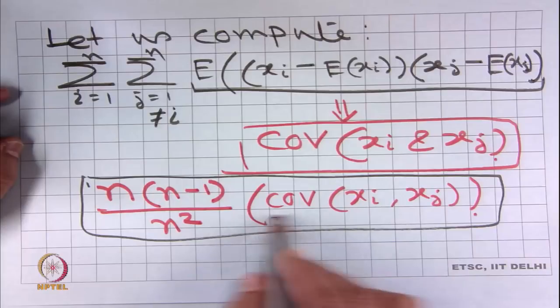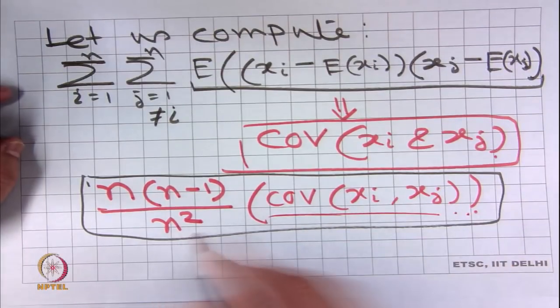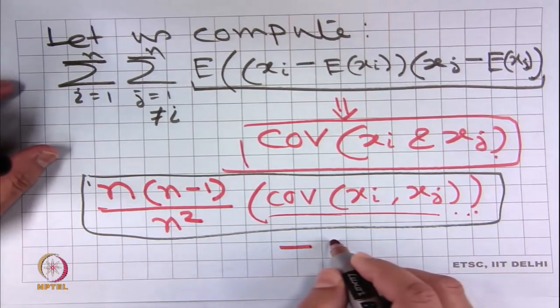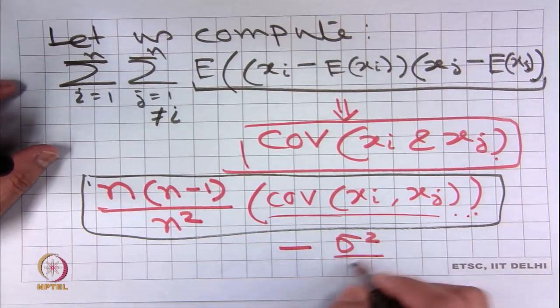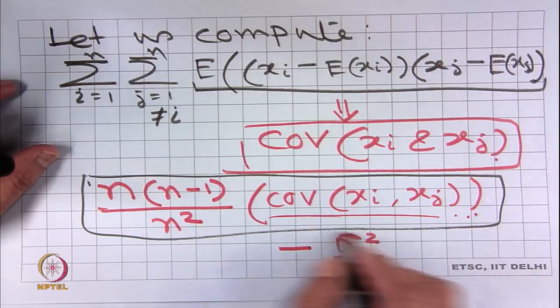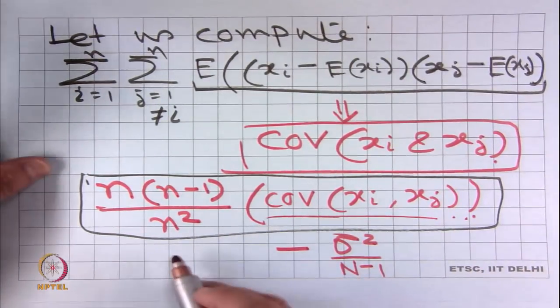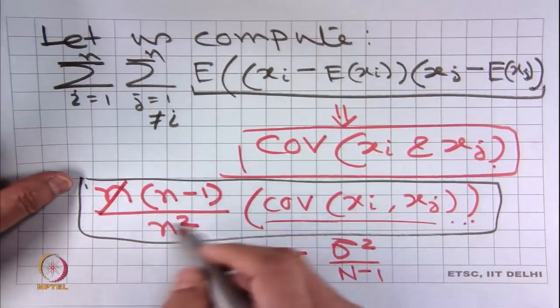we knew that this is minus sigma square upon n minus 1. Therefore, what we are getting is that this n cancels with this square.